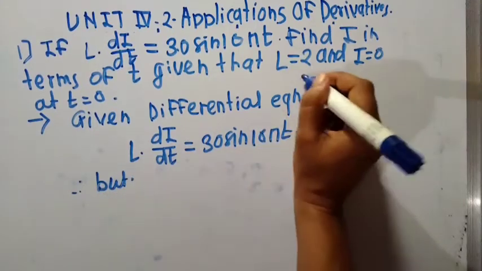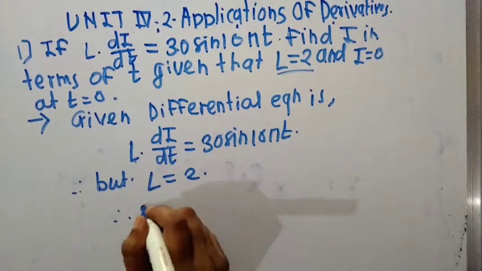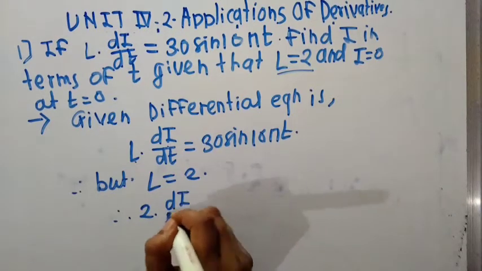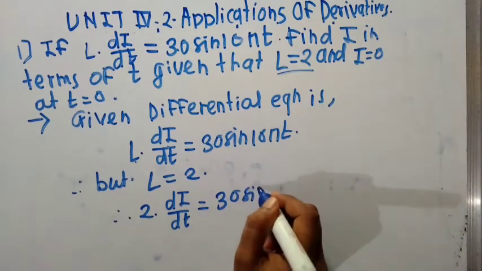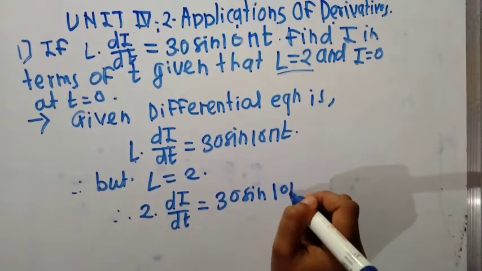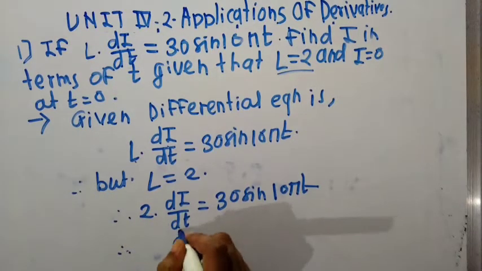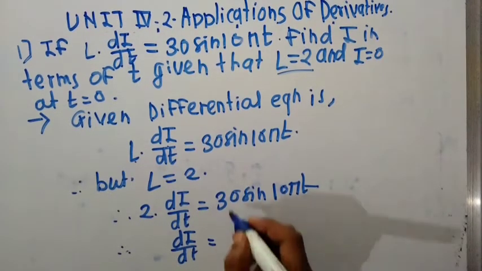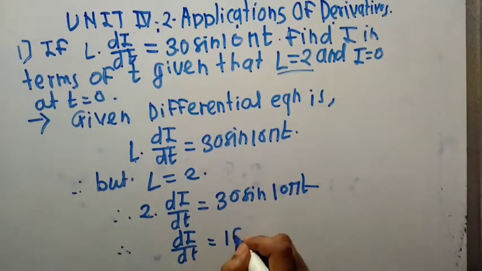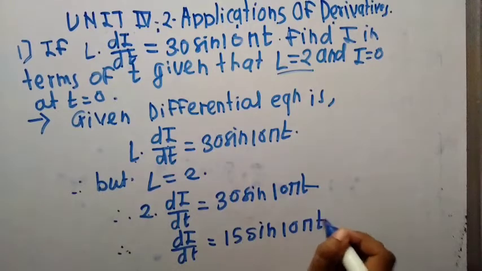But here given that L is equal to 2, hence 2 into di by dt is equal to 30 sine 10 pi t. Hence di by dt is equal to 30 divided by 2, which is 15 sine 10 pi t.